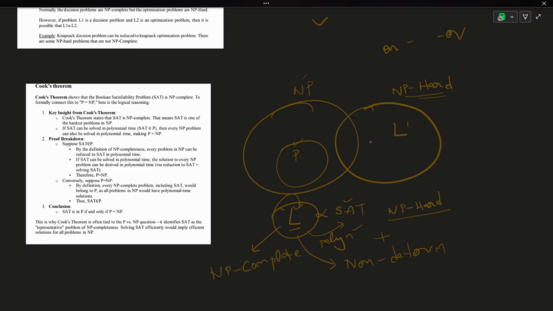And hence this SAT is NP-complete, since L was NP-complete. So this intersection region represents that all the algorithms fall under NP-complete. So SAT falls under NP-complete. Having seen what is NP-hard and what is NP-complete, now let's try to understand a brief overview of what exactly Cook's theorem is saying to us.